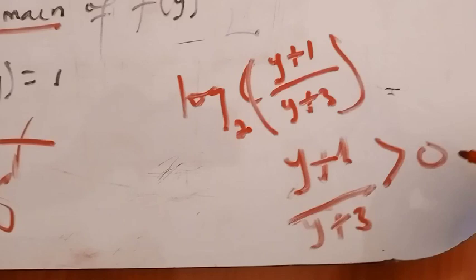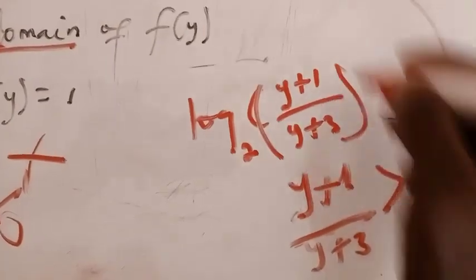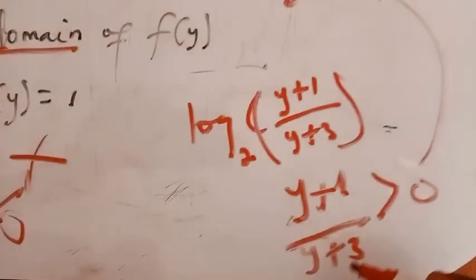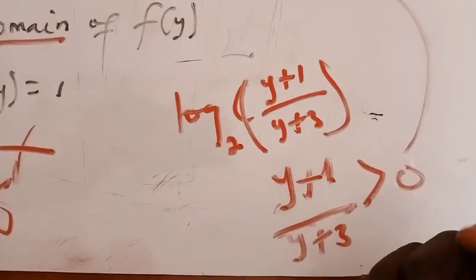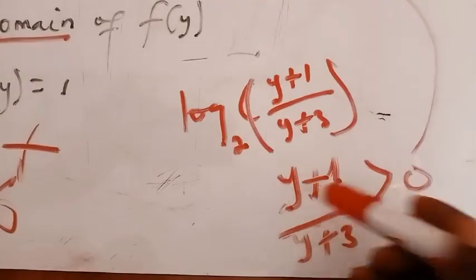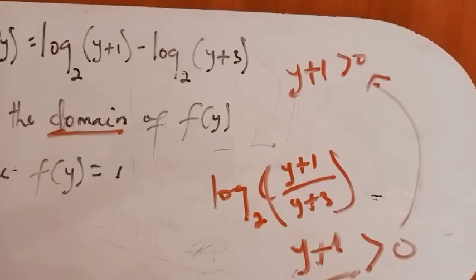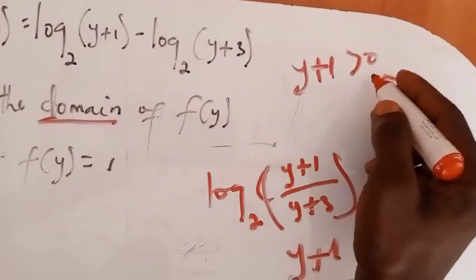So for us to have this thing greater than 0, all that we are going to do is that the top one has to be greater than 0. But the question here is why? Why is it that the top one has to be greater than 0? Once the top one is greater than 0, everything here is greater than 0. Is that okay? So once this one is greater than 0, you are free to go. So how can this one be greater than 0?